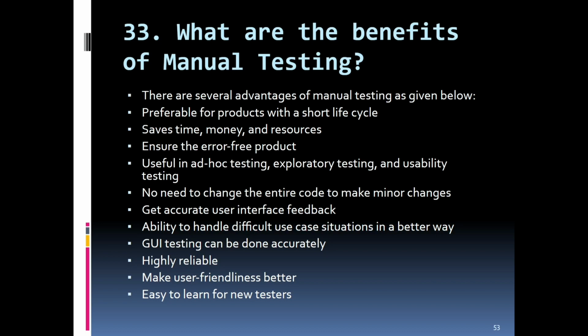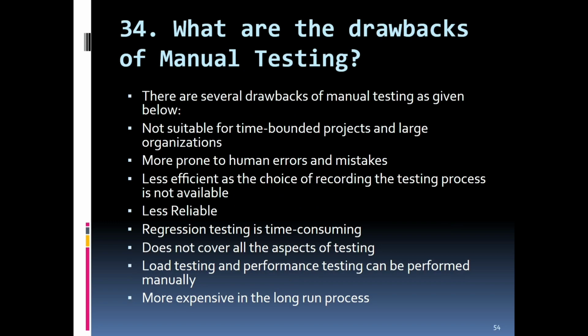No need to change the entire code for minor changes, you get accurate user interface feedback, it is accessible, can handle different use cases, GUI testing can be done accurately, it is highly reliable, makes user friendliness better, and is easy to learn for new testers. So these are the basic benefits of manual testing.